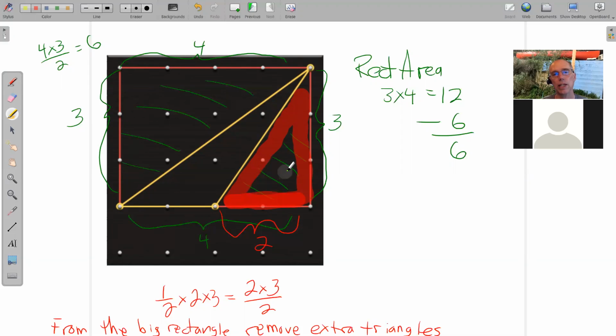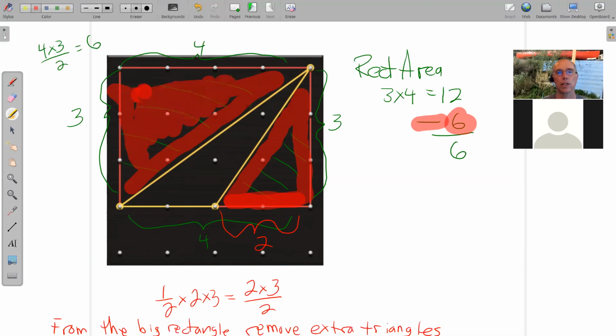Yeah, so I'm just trying to get rid of this. So I'm kind of trying to erase it here. Because of this -6 over here, I erased this triangle right here. So this is now gone. I just subtracted it. Now I'm trying to get rid of this one right here. And so it has an area of 1/2 of 2 by 3. So either way I calculate that, I get 3 for this triangle right here.